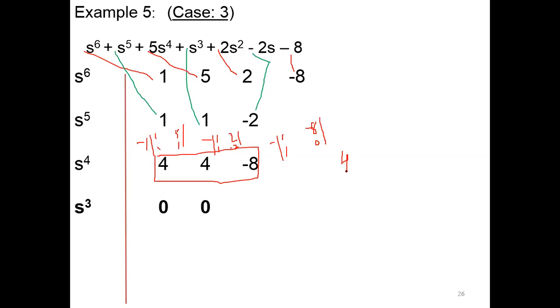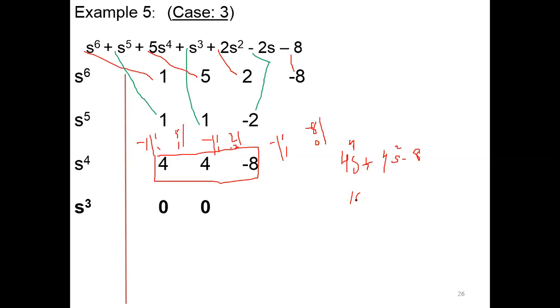So 4s raised to the power 4 plus 4s cube, 4s square minus 8. We will differentiate this auxiliary polynomial.